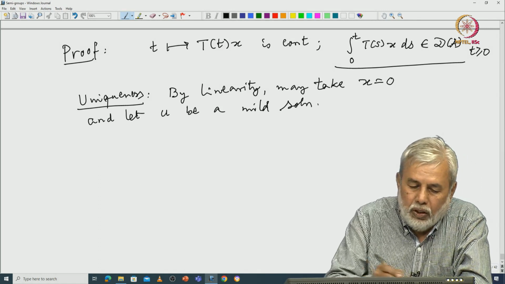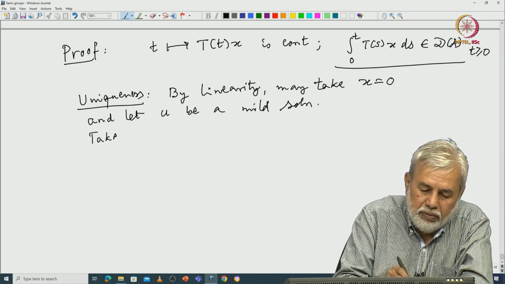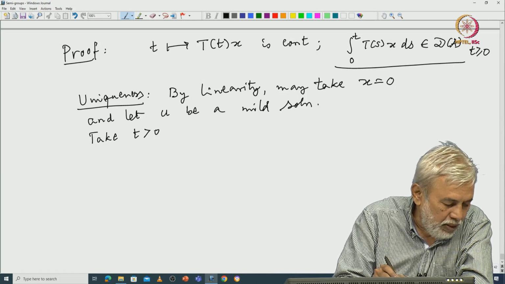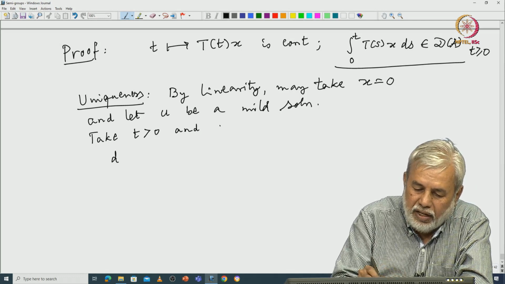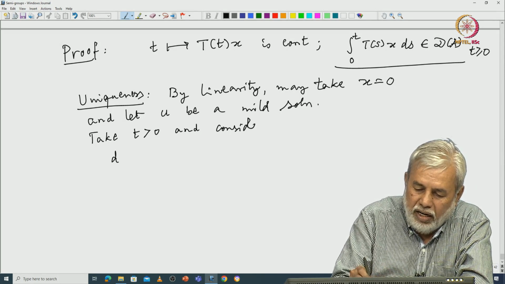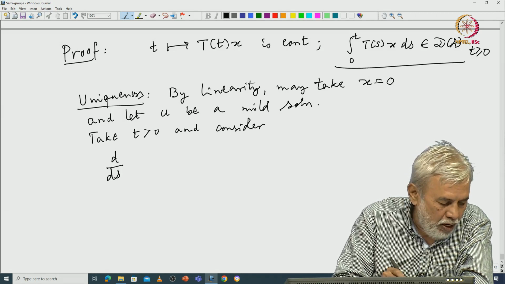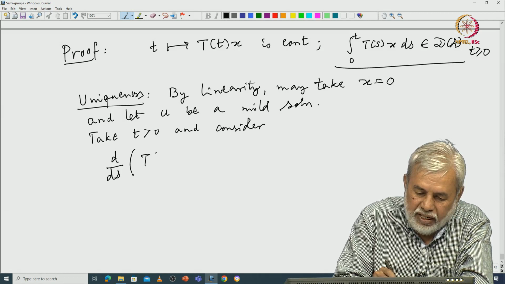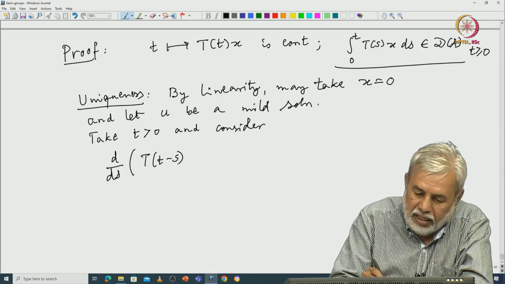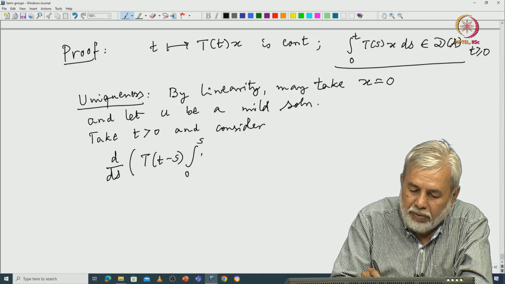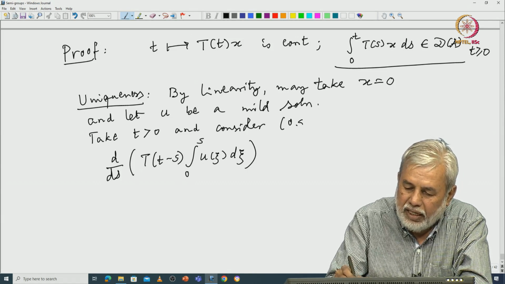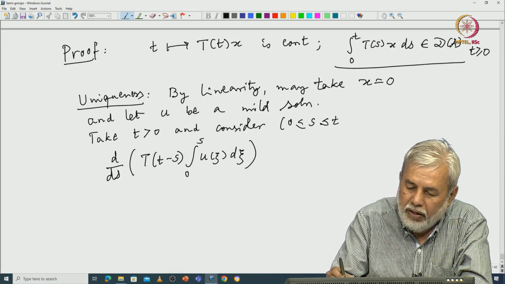Okay. So take t positive, okay, and consider this: d by ds of T(t minus s) times the integral from 0 to s. So let me use some other variable here, u(j) dj. Okay, so this is for 0 less than s less than or equal to t.